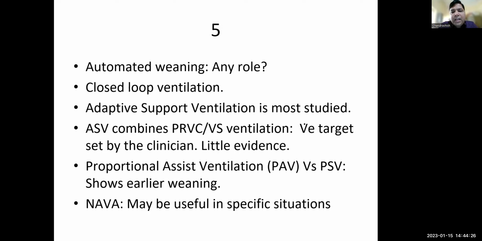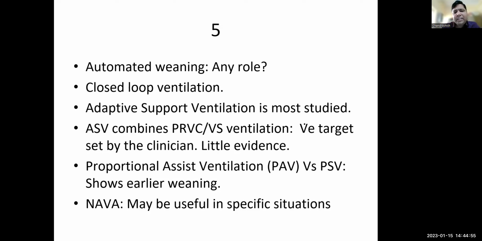There have been other studies of proportional assist ventilation compared with pressure support, which have shown that proportional assist ventilation has shown a little earlier weaning than pressure support ventilation. However, it has not become very popular because it is not available in all ventilator companies or models that are usually used.